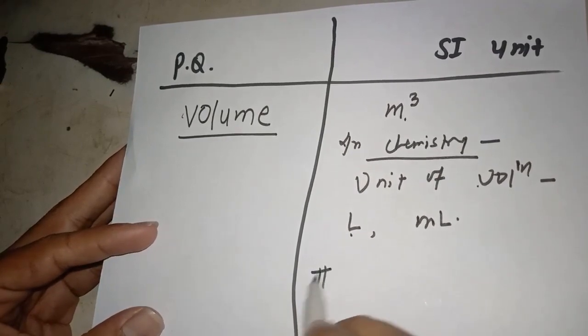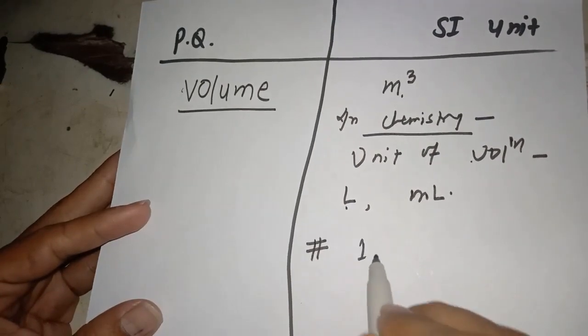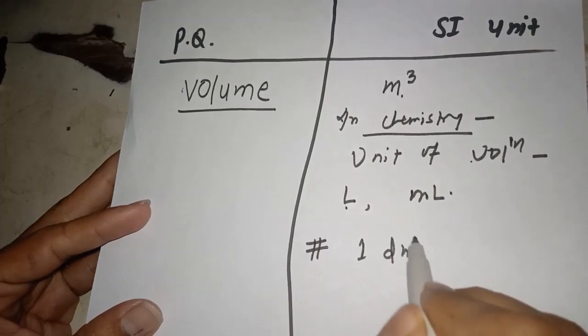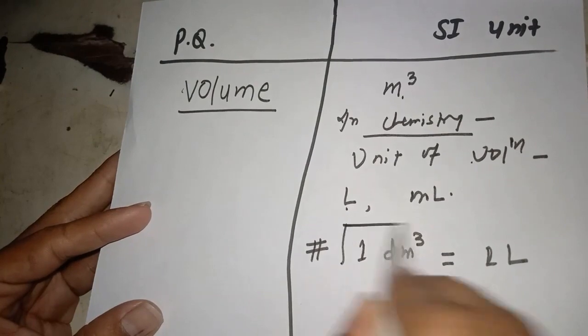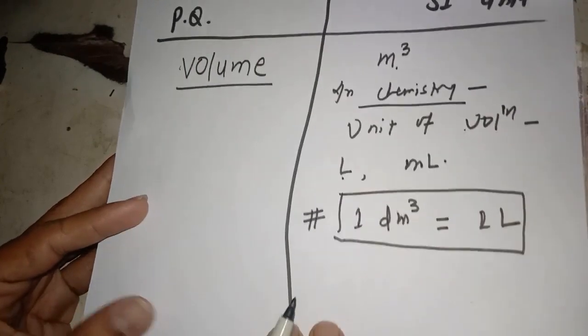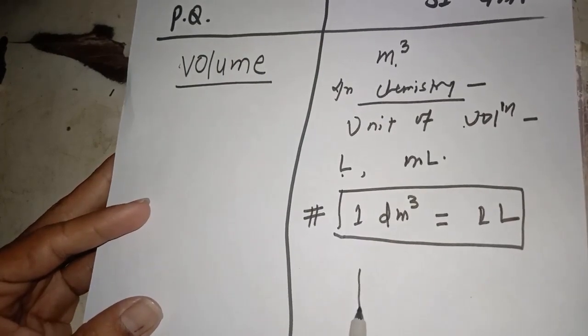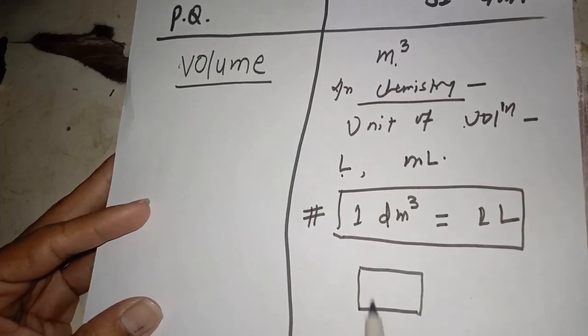So how do we convert meter cube into liter? That is very simple. I give you the conversion: 1 decimeter cube is 1 liter. What do I mean by that?